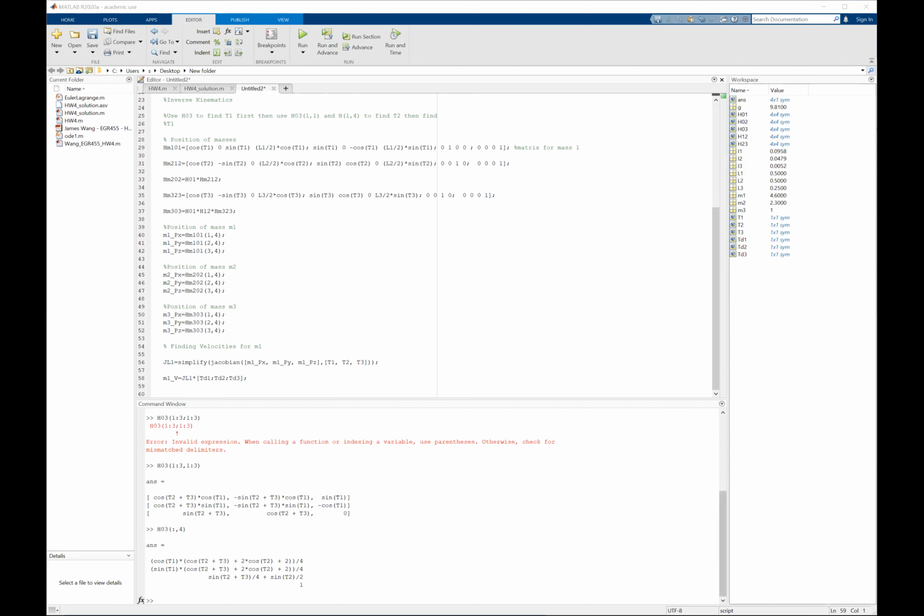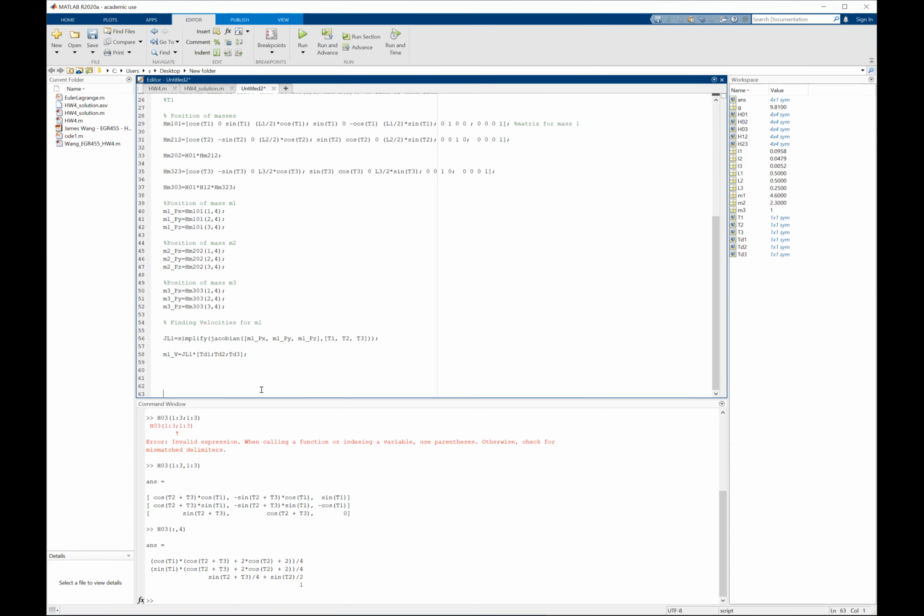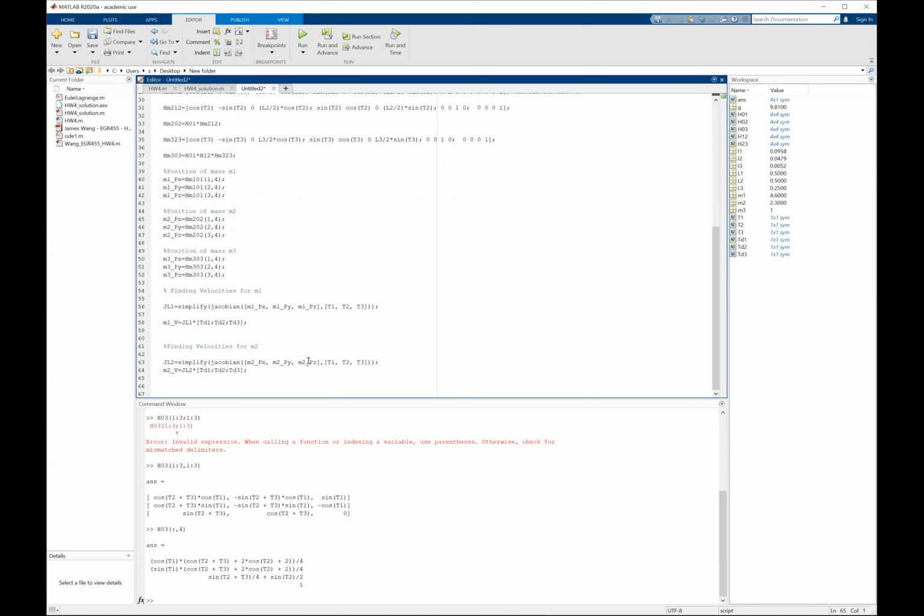You can do the same thing for the velocities of mass M2, but now you need to find the Jacobian of m2_px, m2_py, m2_pz with respect to theta 1, theta 2, theta 3.